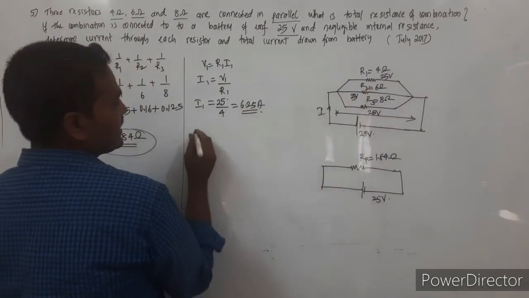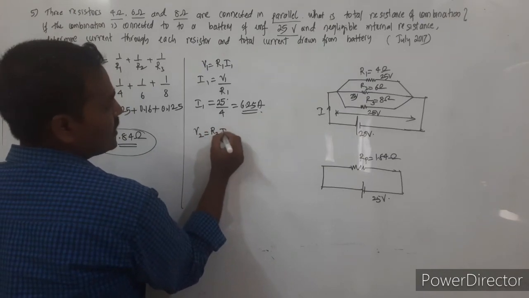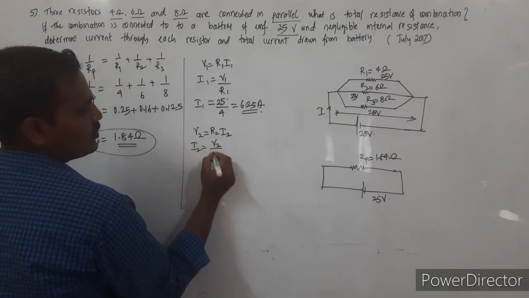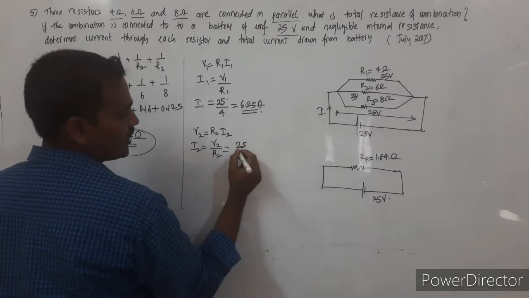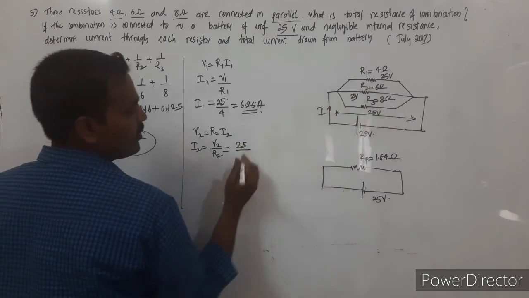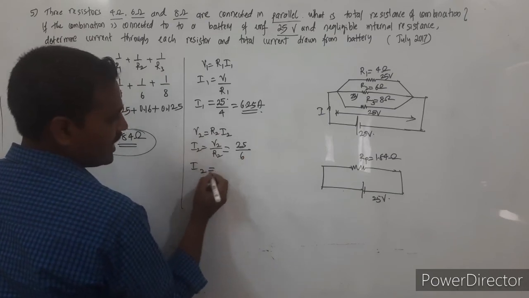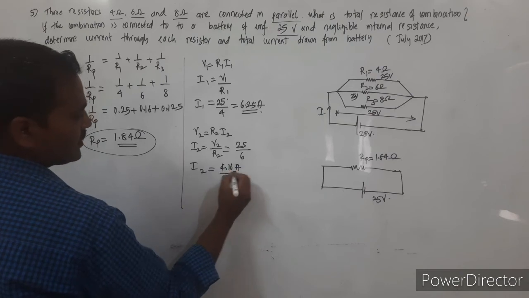Similarly, consider the second resistor here. I can write V2 is equal to R2 into I2. So I can write I2 is equal to V2 divided by R2. V2 is again equal to 25 volt here. 25 divided by the value of R2, that is 6. So I get I2 is equal to 4.16 amperes.